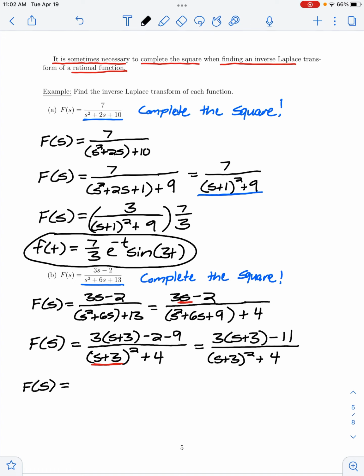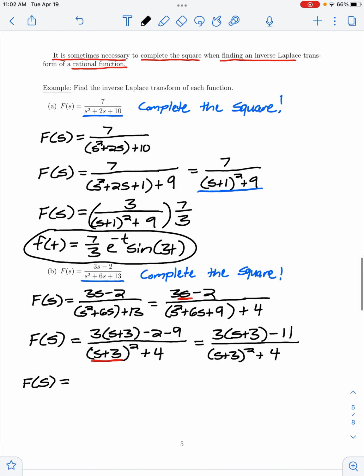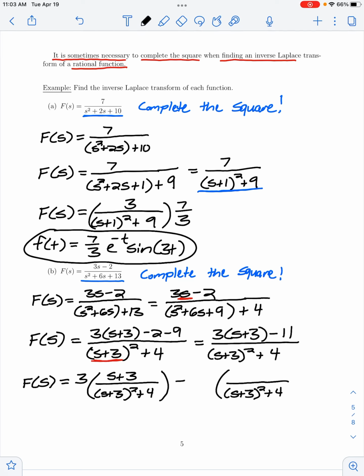And so splitting this fraction to try to rewrite it in the exact form of the properties we're trying to use, I could take 3 times s plus 3 over s plus 3 squared plus 2 squared, and then minus, for this last term, I want my numerator to be the same number that was being squared in my denominator, that is 2.